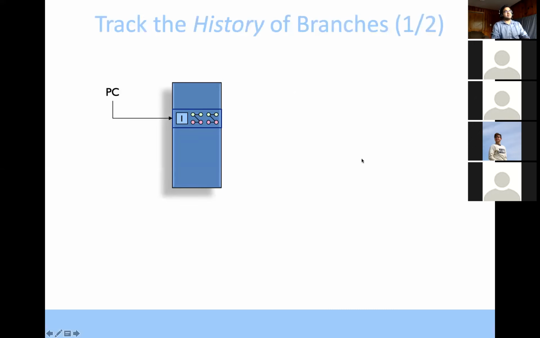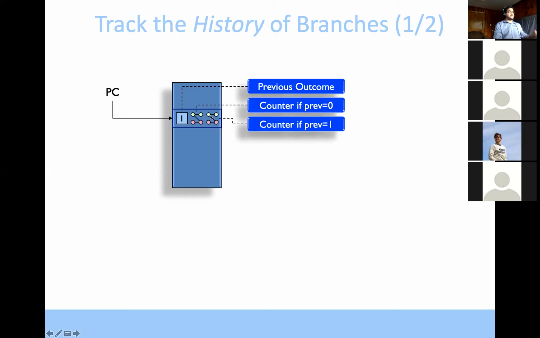So how do we do that? You have an extra bit that says what the last outcome was. And then maybe you need to actually store 2 counters instead of 1 counter. If this was taken the last time, use one of them, and if it was not taken, use the other one. So this is kind of how you would lay these out.